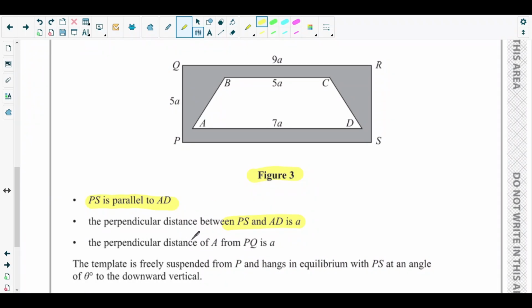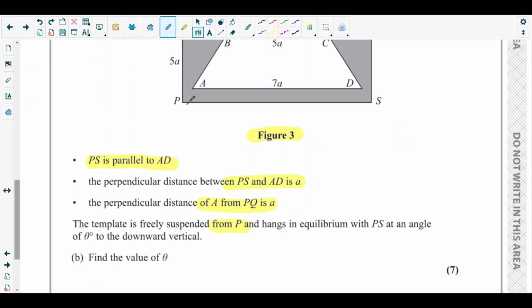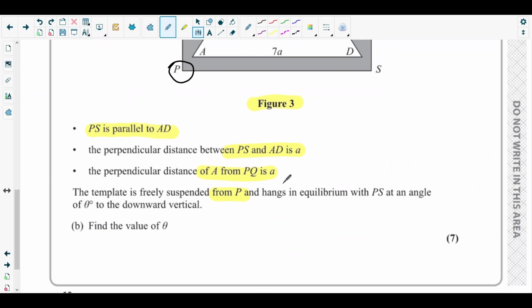The perpendicular distance of A from PQ is just a. Okay, the template is freely suspended from point P. They have suspended the template at this point P, and it hangs in equilibrium with PS at an angle of theta to the downward vertical.